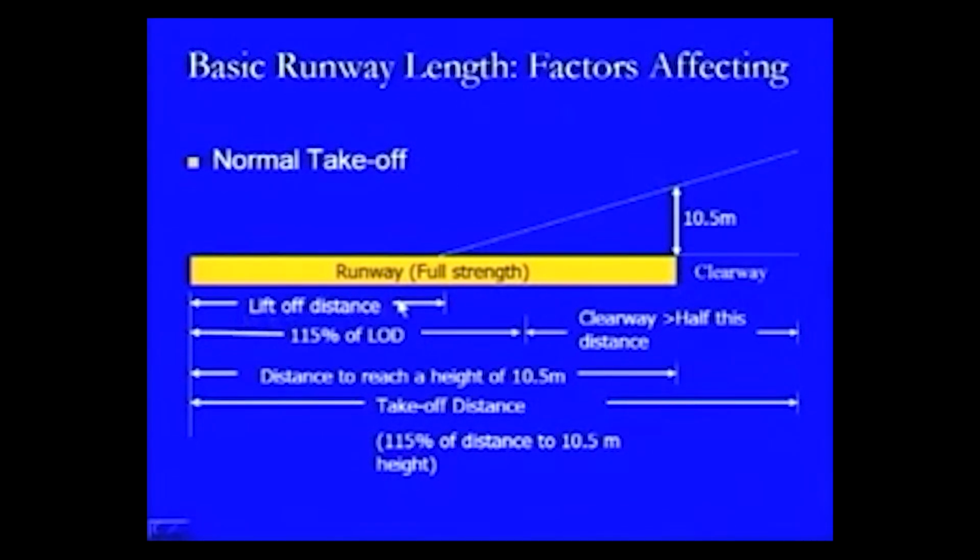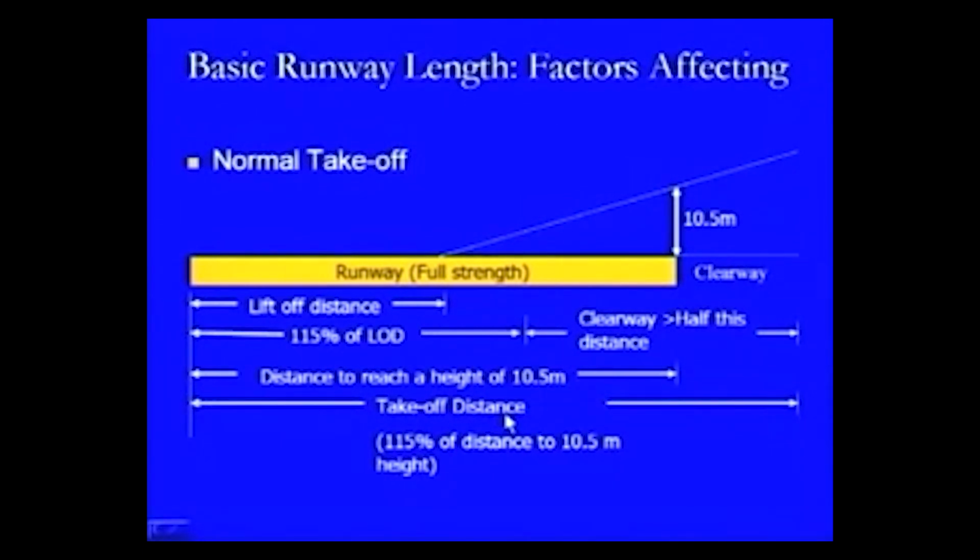This distance up to which it has moved on the ground is known as the lift off distance, that is, the distance after which there is a lift. Then 115% of this lift off distance comes to this particular position, and this is the distance to be moved so as to attain a height of 10.5 meters, as shown here.